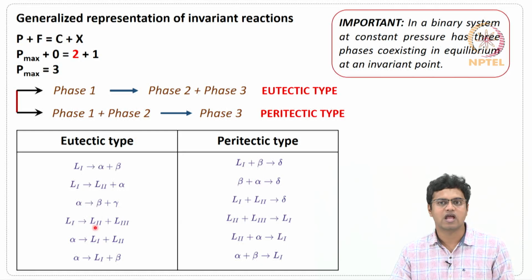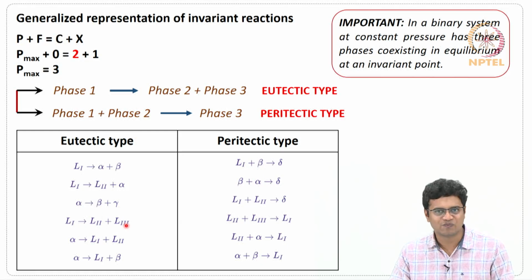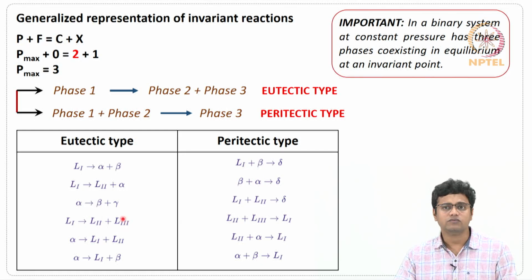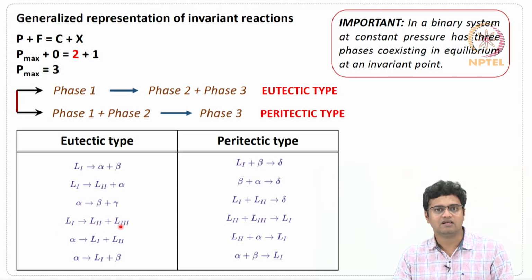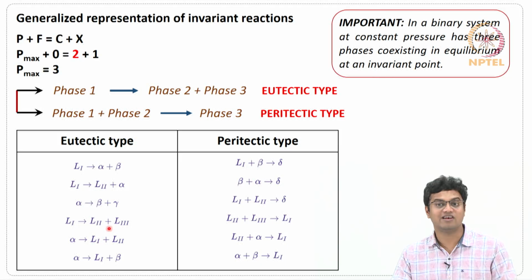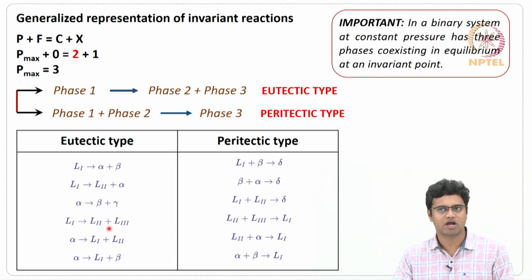Gamma is a solid, and L1, L2, L3 are liquids. Now, what is this? L1 gives L2 plus L3. This generally happens at an absolute temperature where all three liquids coexist. Understand? So in all eutectic type of reactions, one phase gives rise to two phases.